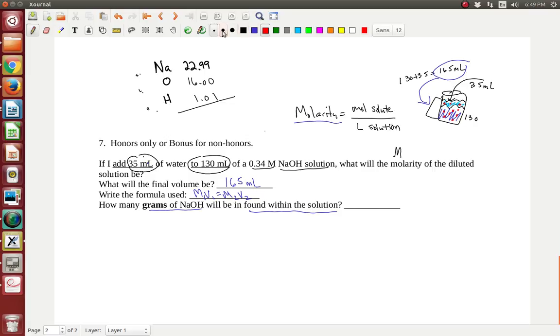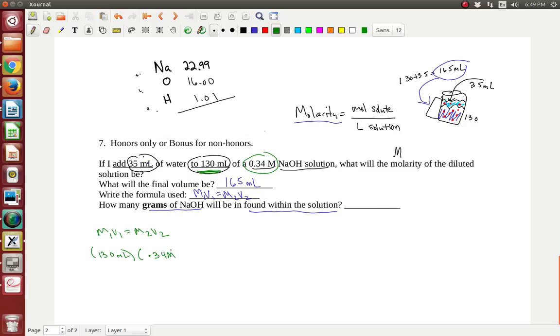Okay, so let's see here. M1V1 equals M2V2. We start off at the beginning with only 130 milliliters and we have a 0.34 molar solution.